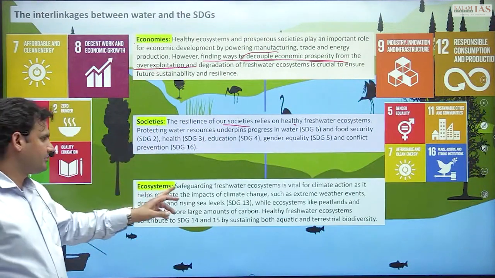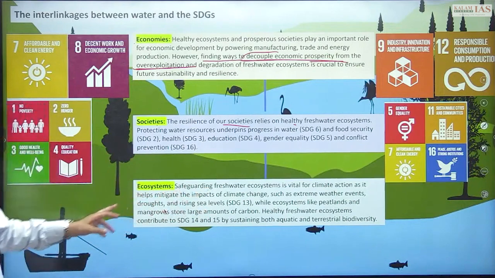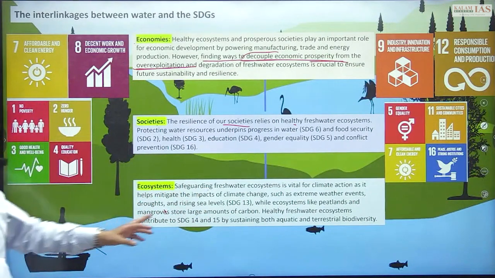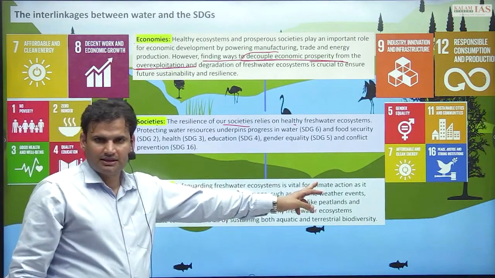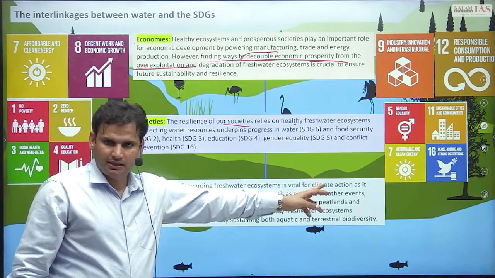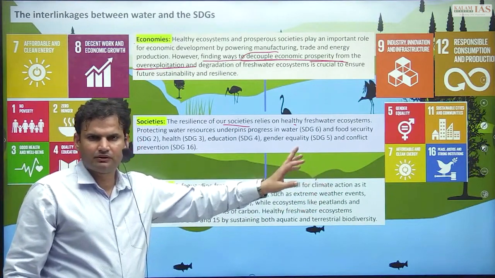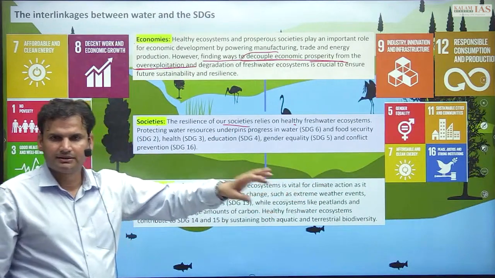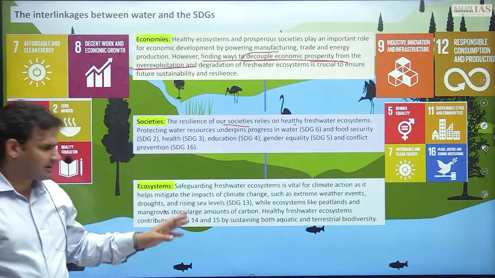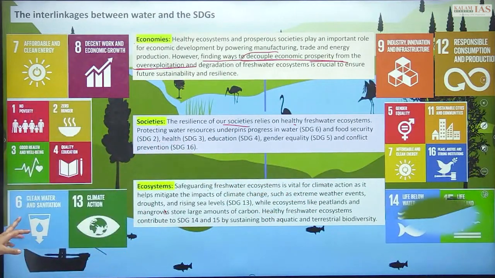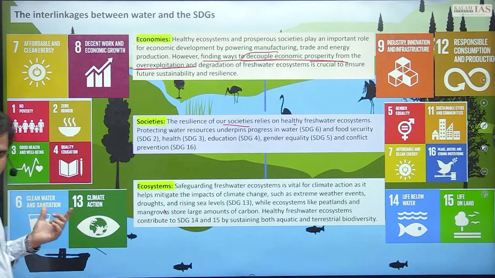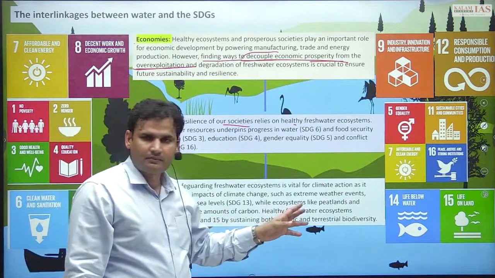And then finally, safeguarding the freshwater ecosystem is vital for climate action. That is SDG number 13, life below water. SDG number 14, life on land. SDG number 15. Everything is interrelated, right? And clean water and sanitation definitely is a very crucial SDG, right?